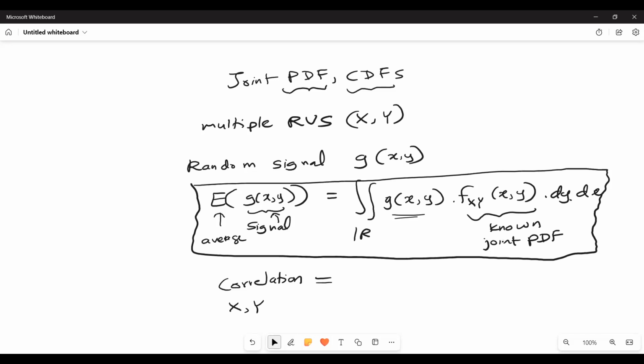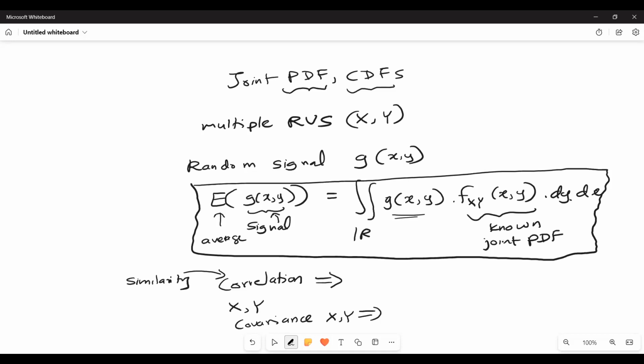And we want to find the covariance between X and Y, right? So we want to find the correlation between X and Y, and then we want to find the covariance of X and Y. So correlation is a parameter used to measure the similarity between X and Y random variables.